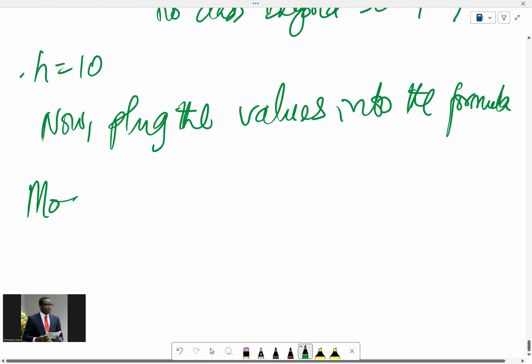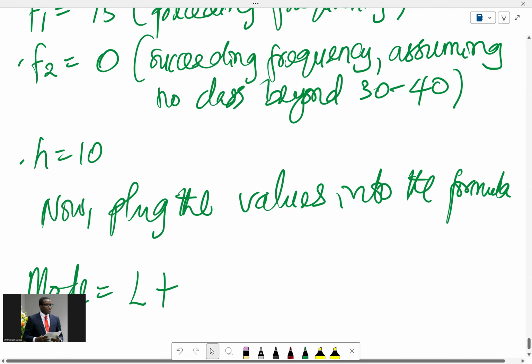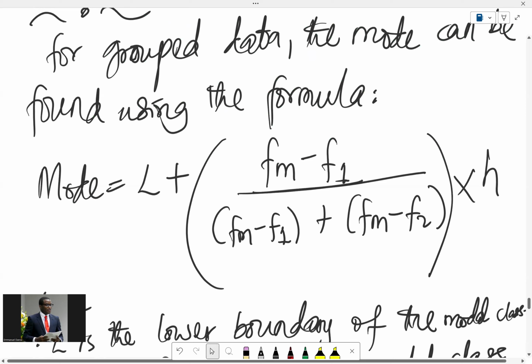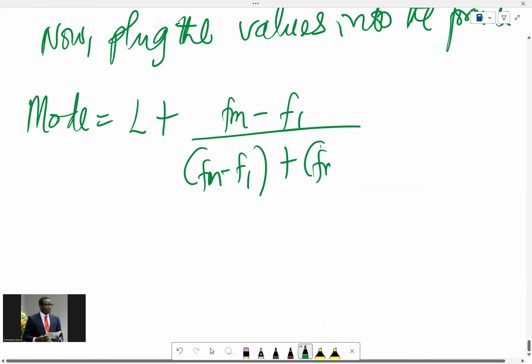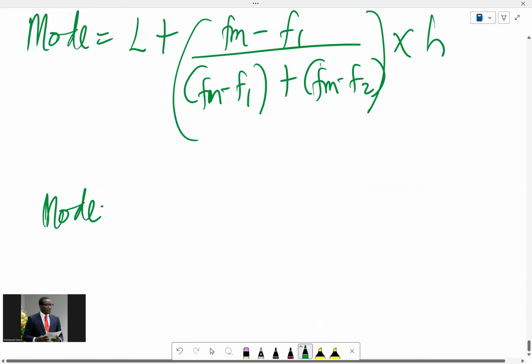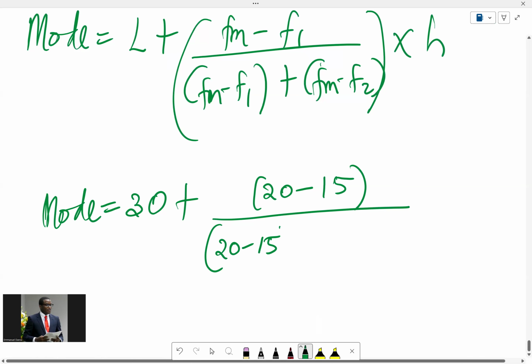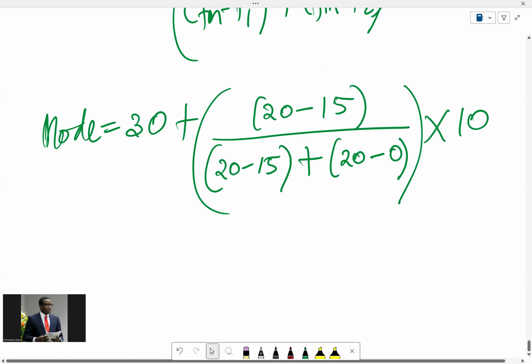Mode is equal to L plus FM minus F1 divided by FM minus F1 plus FM minus F2, all multiplied by H. The modal class is 30 to 40, so the lower boundary is 30 plus FM, the frequency of the modal class, that is 20 minus the frequency before, that's 15, all over that same 20 minus 15 plus 20 minus 0, that's the frequency after, all multiplied by 10. And then we can tidy all of that up.